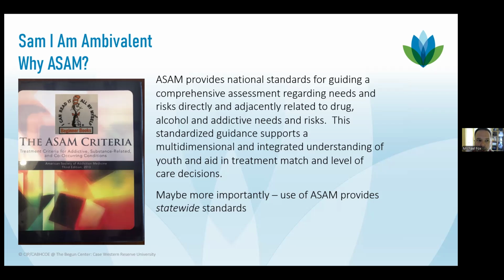So we're discussing it because it is a nice way to provide well recognized standards of understanding conceptual needs for folks, and most especially it's recognized for making or justifying level of care decisions. That's at a national level, but certainly at a state level, it's nice to have the ability to compare apples to apples.